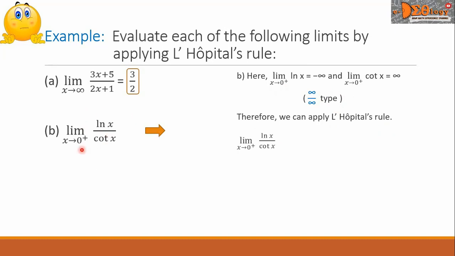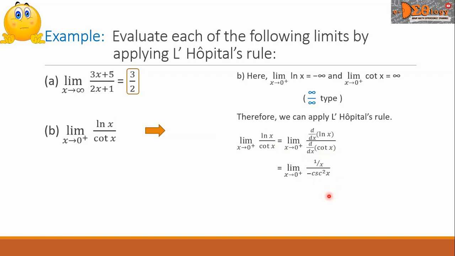Let us copy this problem here, and by L'Hopital's rule, we will take the derivative of the numerator over the derivative of the denominator. The derivative of ln x is 1 over x, while the derivative of cotangent x is negative cosecant square x.